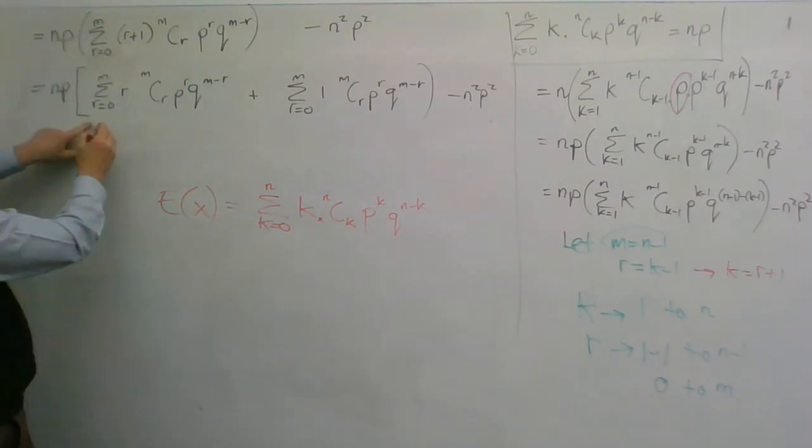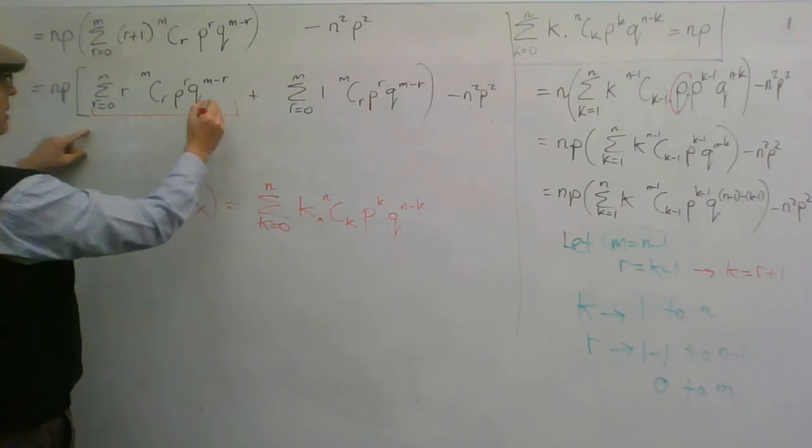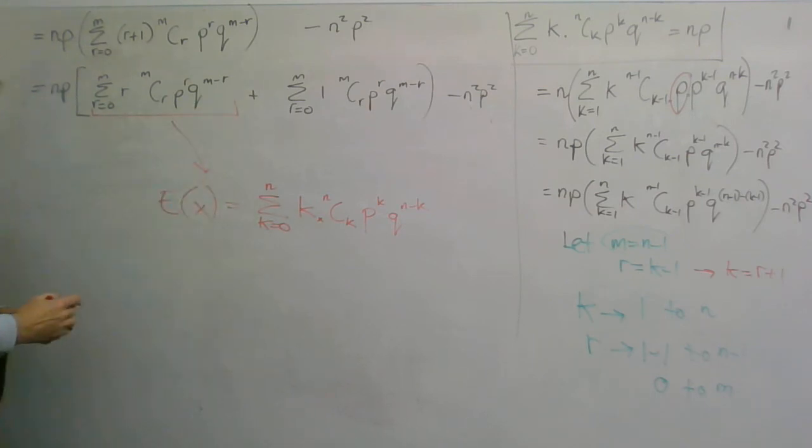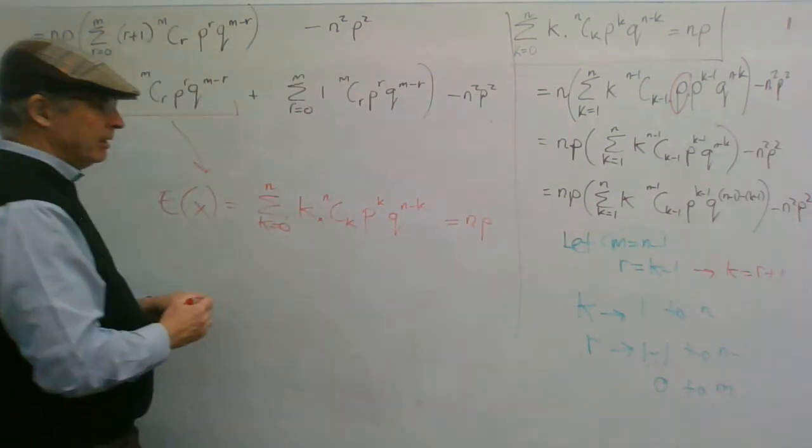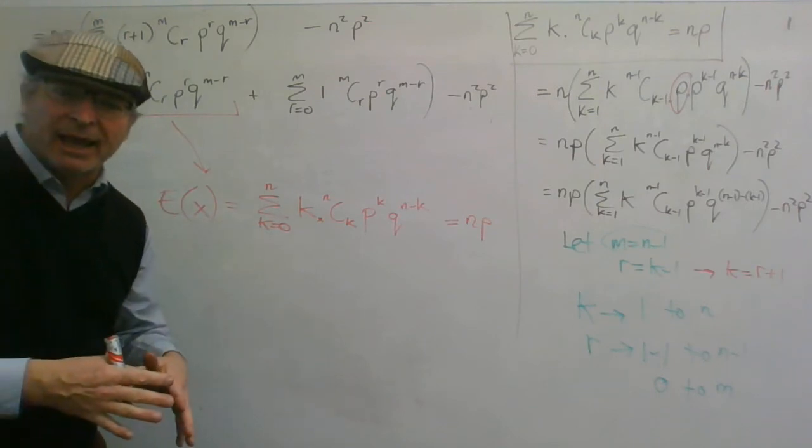Well, this here is looking extremely similar to this, all right? And we know that this is equal to NP, because we worked it through and we got that last time.